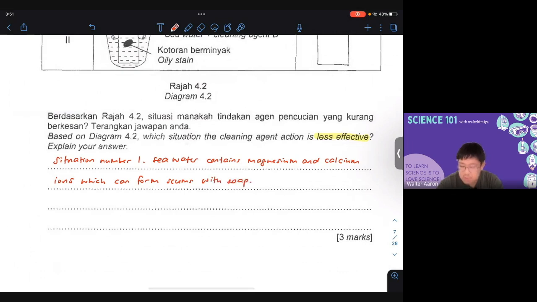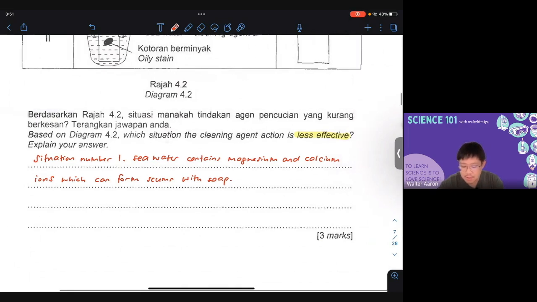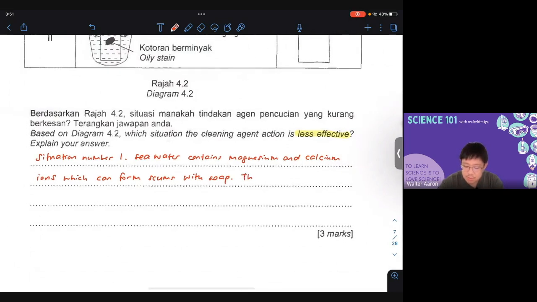So because they form scum with soap, it won't be effective when you remove off the stain. Okay, so you see over here, this produces an insoluble salt.